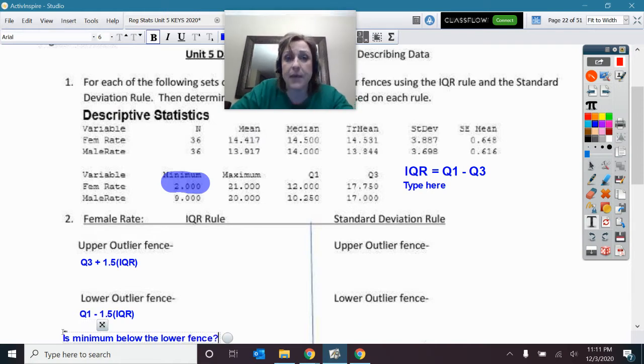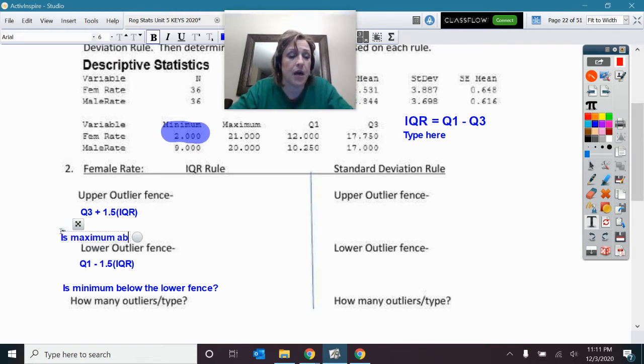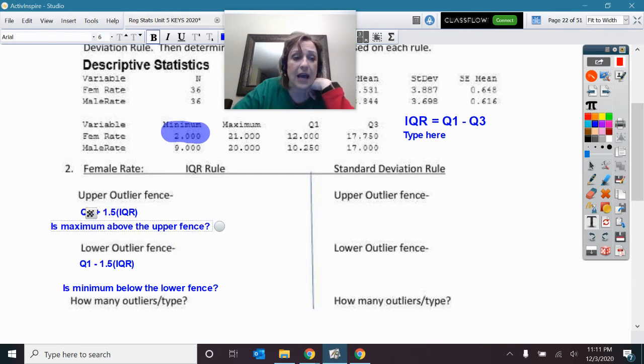Because if that minimum is below the lower fence, then you have a lower outlier. And then for the upper area, you're looking: is the maximum above the upper fence? If it is, then you're going to have an upper outlier.